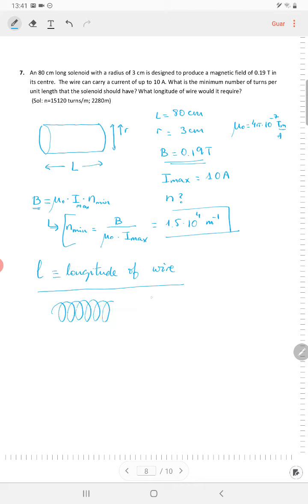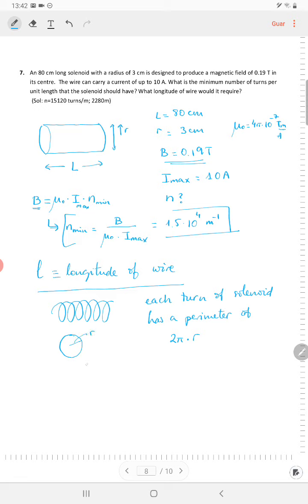So each turn of the solenoid has a perimeter of 2 pi times r, where r is the radius. Because each turn is like this, just like a circumference where this is r.